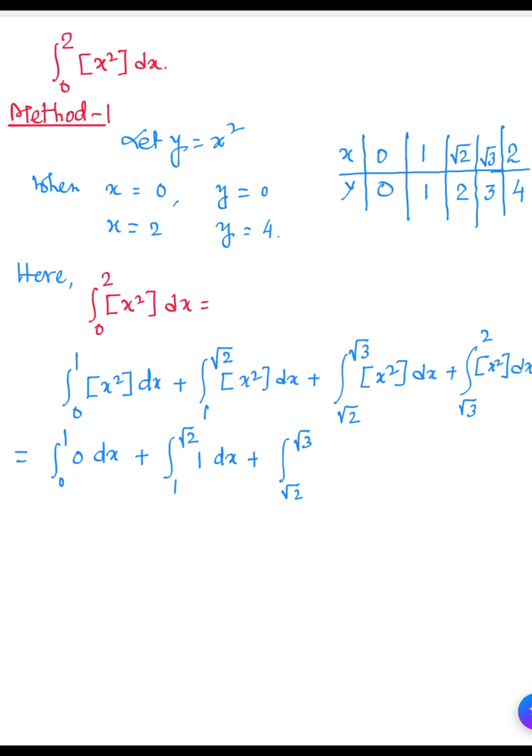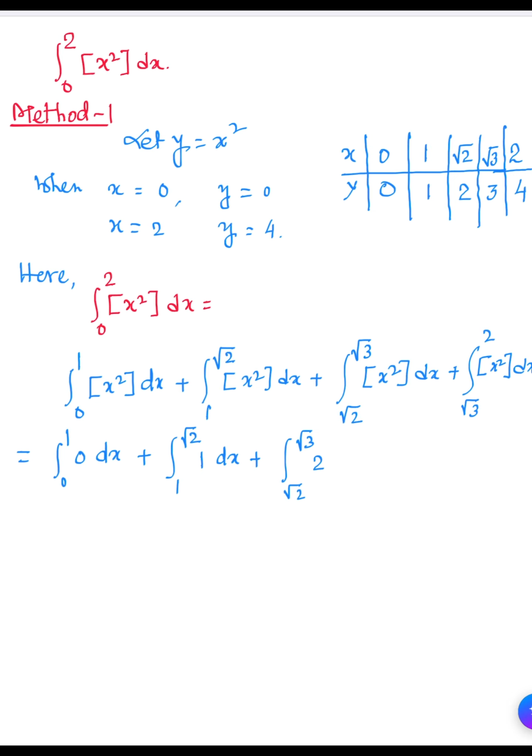From root 2 to root 3, in this interval, the greatest integer of x square is 2. From root 3 to 2, the greatest integer of x square is 3.